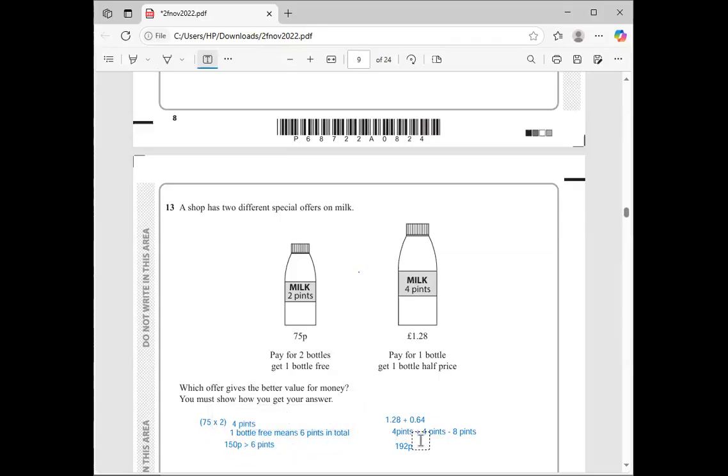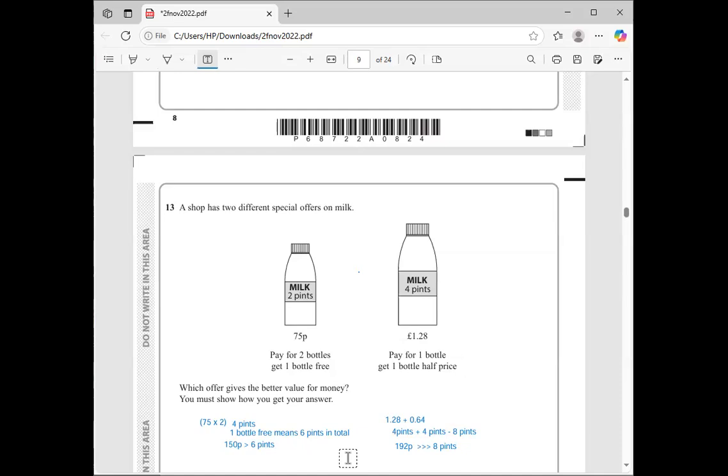Okay, so this one will give us 8 pints. Okay, so the question now is, which one gives us better value for money? Do you know how I can establish this? Please give me 150 divided by 6.